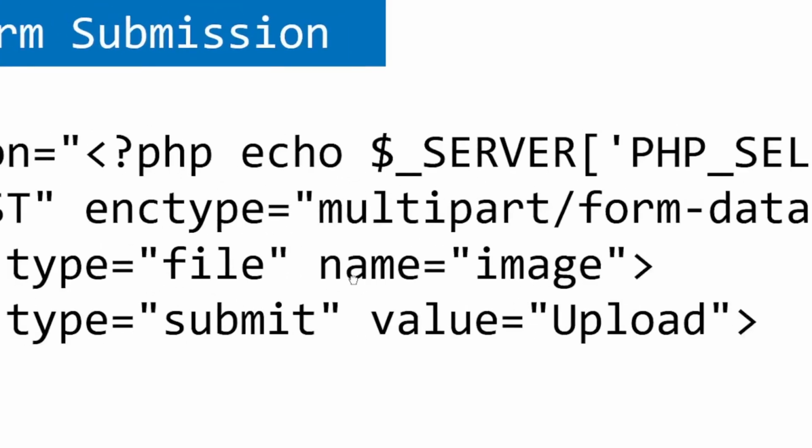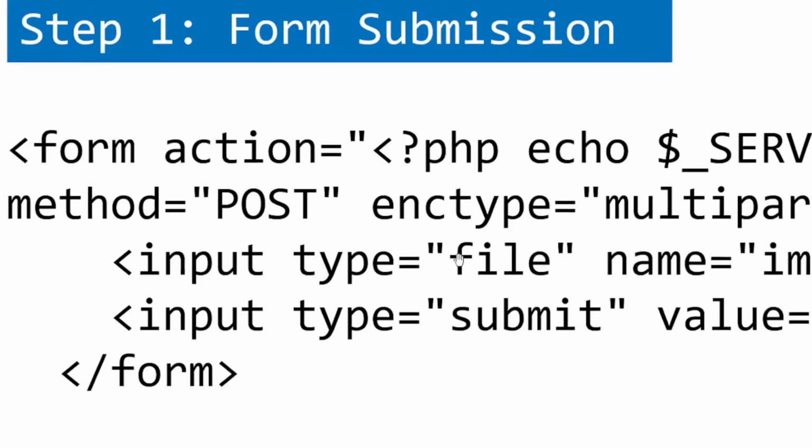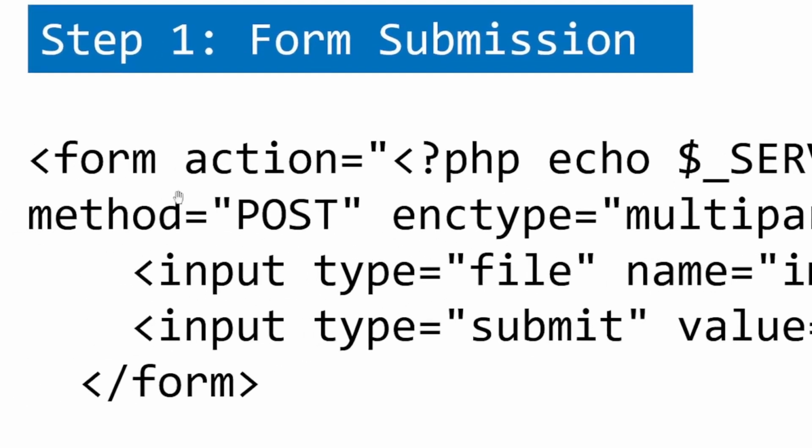And then the second one is the method. We set the method to post. We talked about post and get, and I'm not going to repeat it. If you have not watched that video, just watch the video about form submission. You will see how I explained post and get.